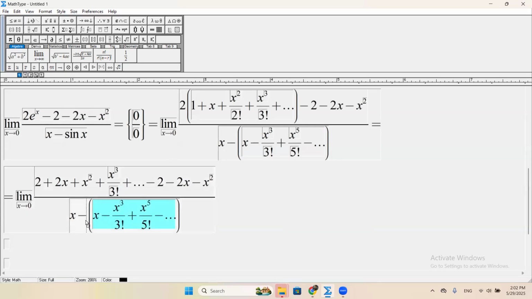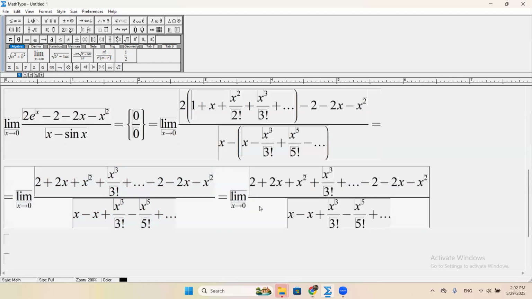And let's expand these brackets, I will just change signs. Now eliminating what we can eliminate.